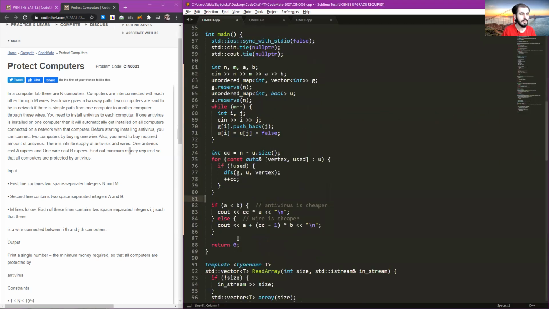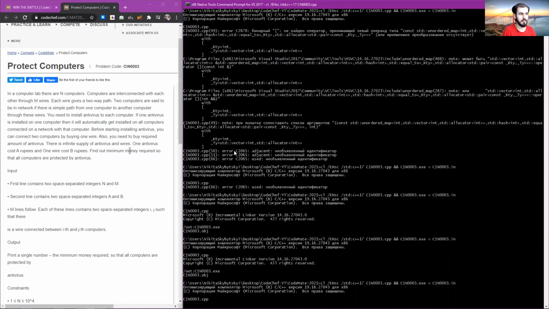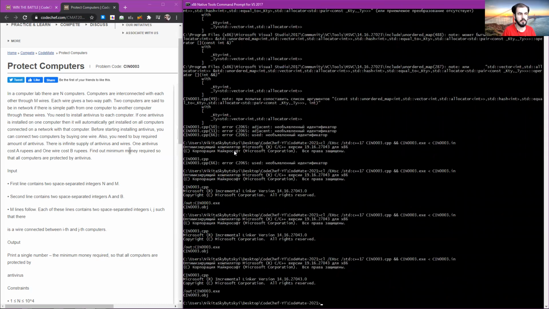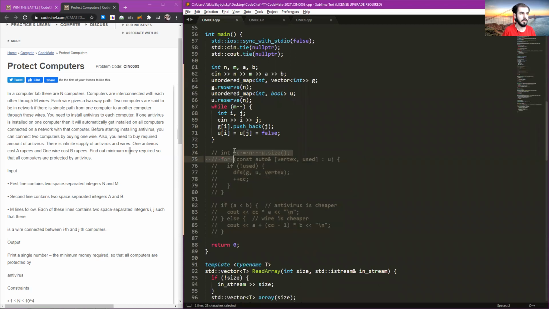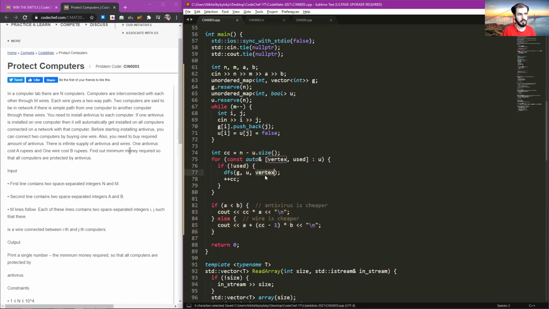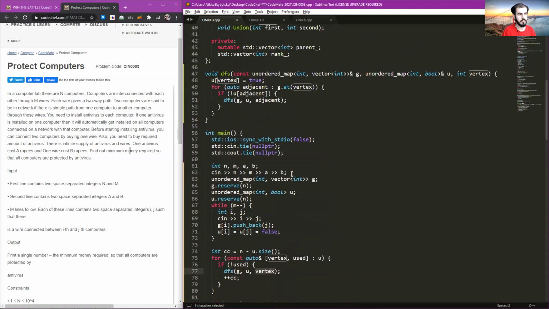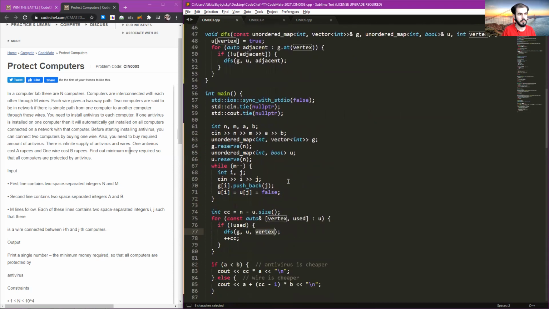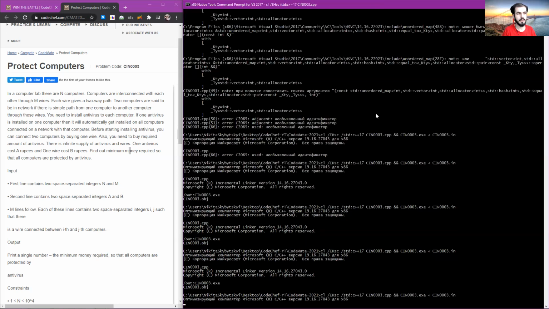Okay, so I think it's DFS, right? Okay. So it is DFS. Is it because we iterate like this and not like this?